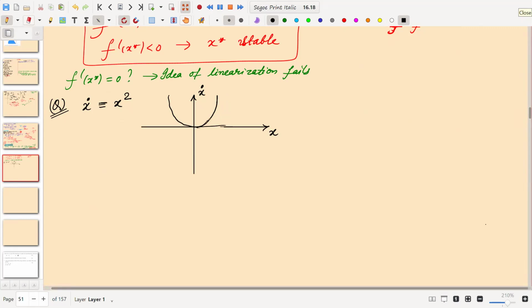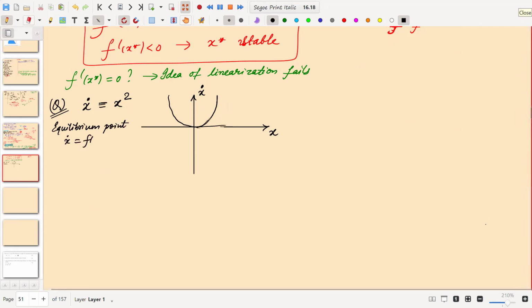Now, can we find the equilibrium point? Here x dot equals f of x, and it is x square. What is the definition of an equilibrium point? It is an x star such that f of x star equals 0.